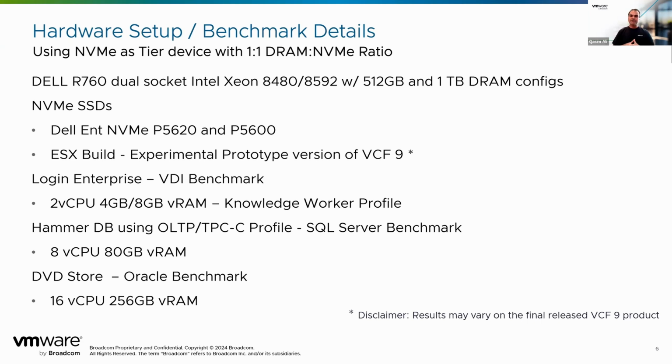Now, the workloads which we have chosen range from smaller VMs, a lot of VMs like VDI. We have used SQL Server, which is a big workload deployed by our customers. And then finally, an Oracle workload. As you can see, we have played with different vCPU sizes and memory sizes to get a good sense of how our solution is working out.